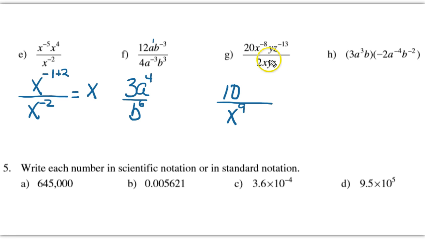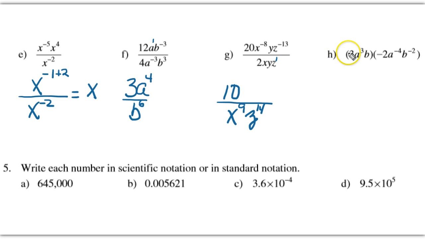Now interestingly, the y's will cancel out, and we're bringing the negative 13 of the z down. There's a 1 there, and 13 becomes z to the 14th power. And that will center up nicely here.